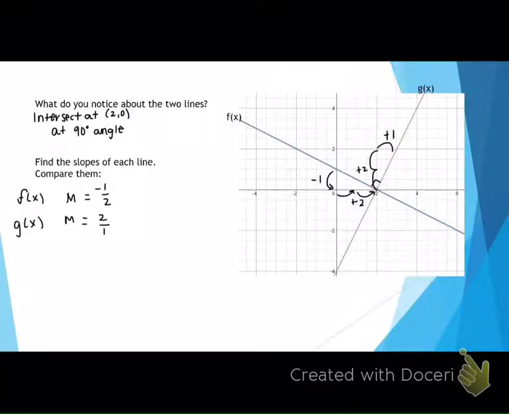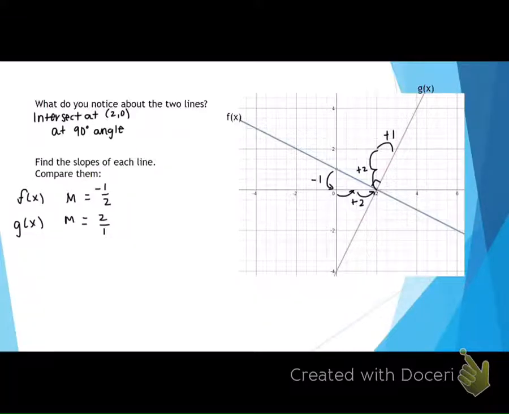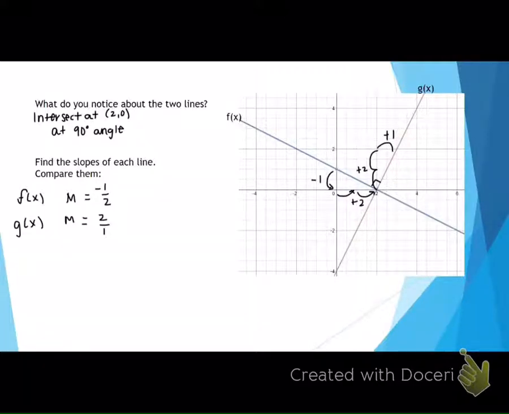I'm going to leave it like this for a second, though, to make it more apparent to you guys. What is something you notice about these two slopes? Kaylee? They're basically like flipped. Okay, there is a flip. They are flipped, but there's one other thing you should notice.